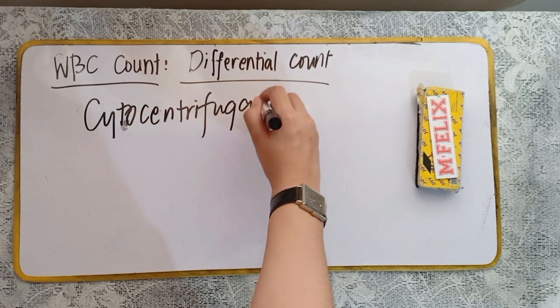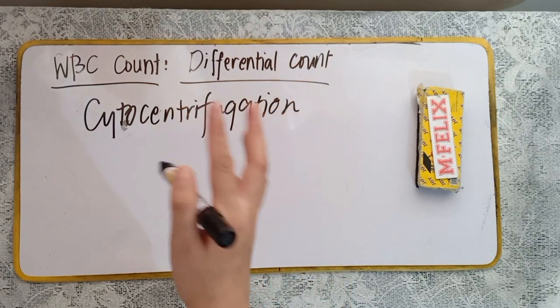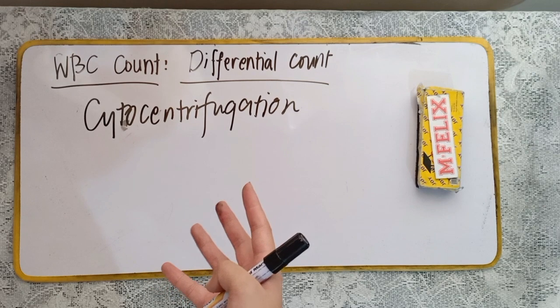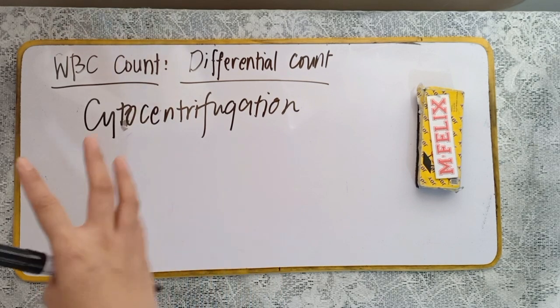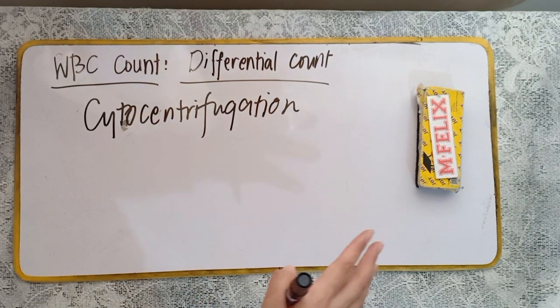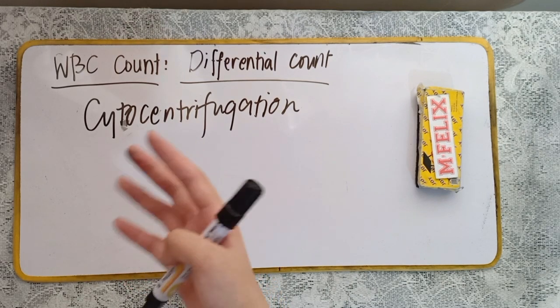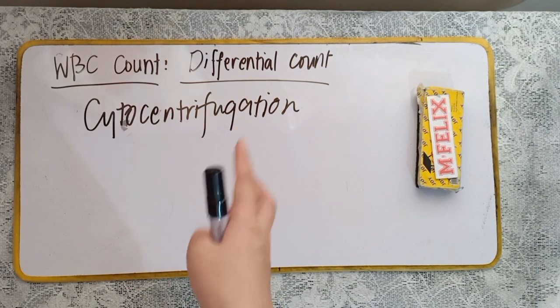Cytocentrifugation method. Now, indeed, this is actually the recommended method for differential cell counts in all body fluid. Okay, huwag niyong kakalimutan, it is the recommended method for differential cell counts in all body fluid.